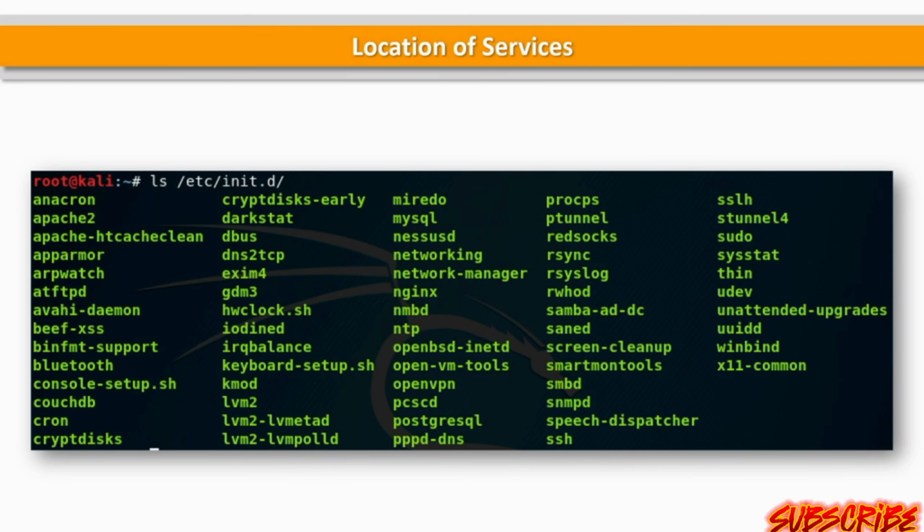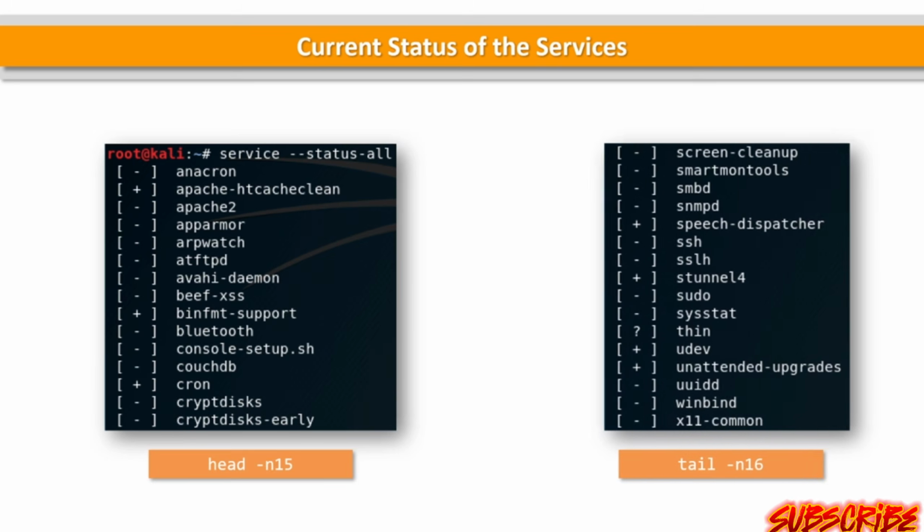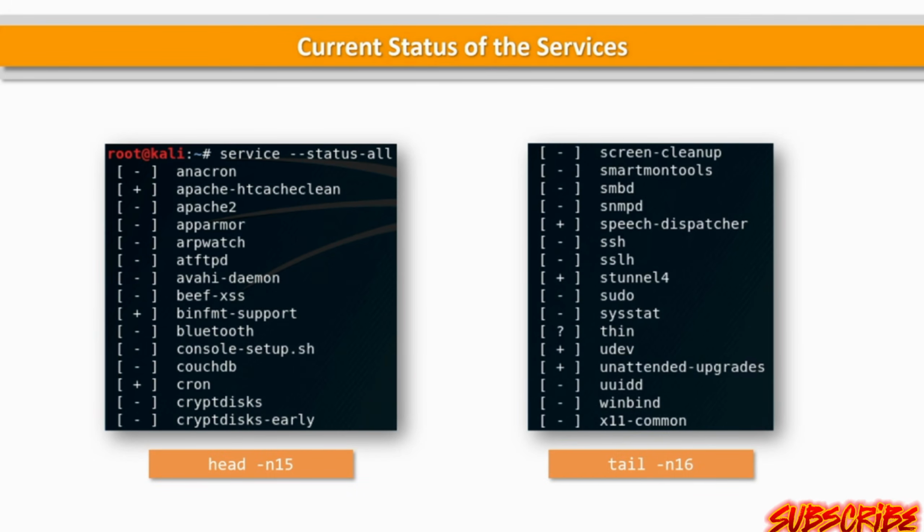All these services work on several scripts, and these scripts are stored in /etc/init.d. Okay, so this init.d is a daemon, which is the first process of the Linux system.